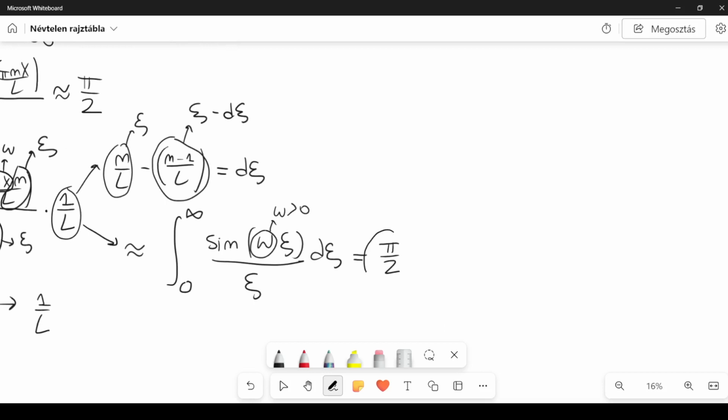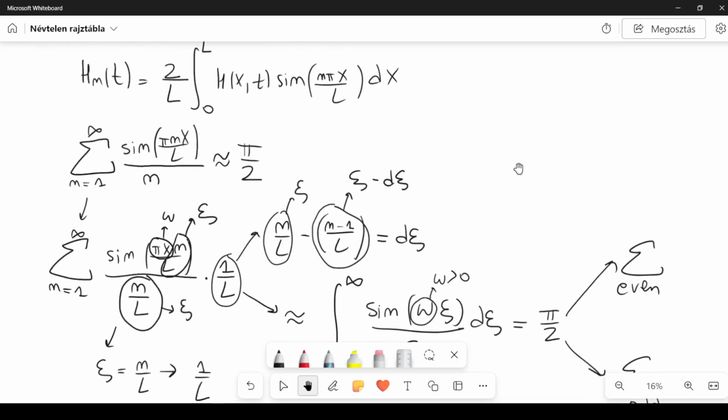Now the series can be split in two parts. Approximately the series is equal to pi over 2, because the series is approximately equal to the integral, but we can split the series between the summation over the even integers and the summation over the odd integers.